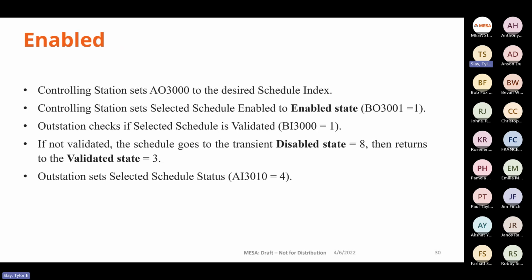We go into enabled. The control station sets AO 3000 to desired schedule. Control station sets selected schedule enabled to enabled state. Outstation checks if the selected schedule is valid. And then the outstation selected schedule status, AI 310, becomes 4.